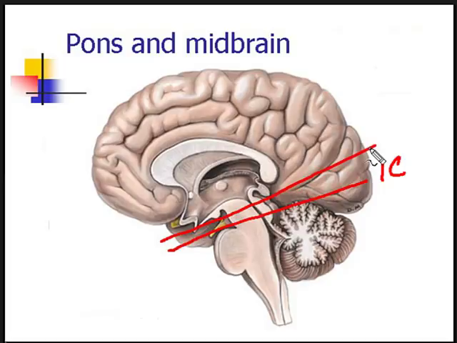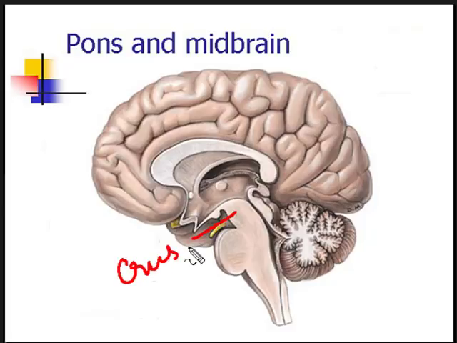So these inferior and superior colliculi are present posteriorly, and anteriorly this part is the crus.